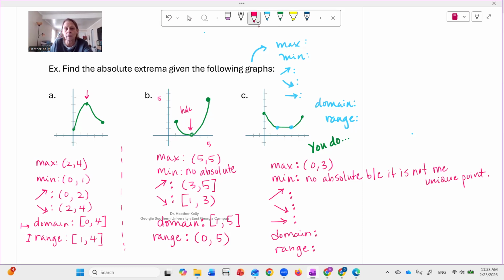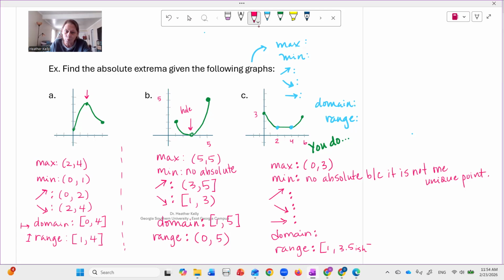Our increasing intervals, looks like 1, 2, 3, 4. That's 4. That's 2. That's 6. That's 3. And that, well, I guess that's about 3.5 there. Okay, so I'm just going to do my range real quick. We're going to go 1 to 3.5 ish.